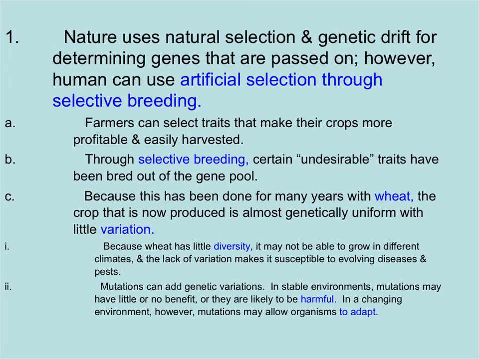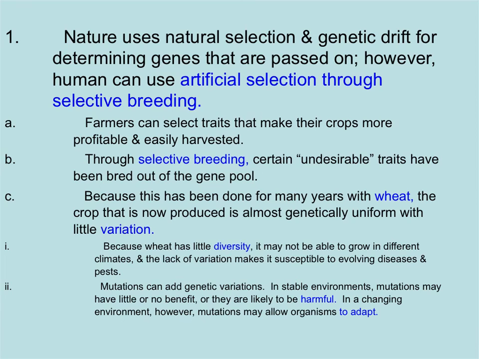So remember, mutations are the only way to add back in genetic variations. And that's going to be something that generally occurs naturally. In a stable environment, mutations don't typically have a lot of benefit, and sometimes they're harmful. Some mutations are positive, some are negative.